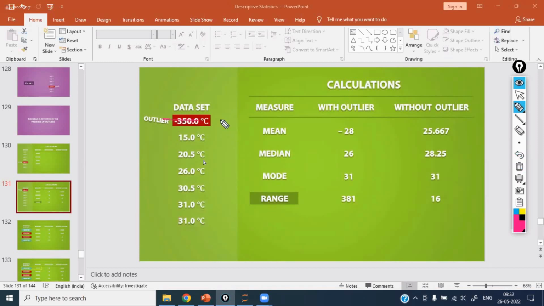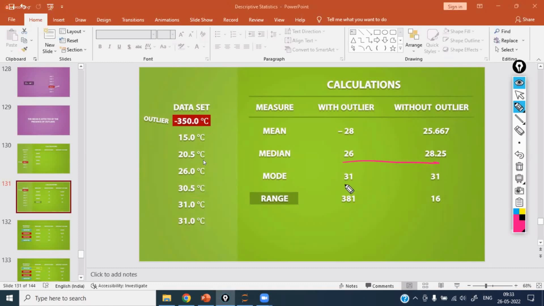Now, without the outlier, we remove this one and only 6 data points remain. The median value is the average of the center two values. The mode is the most repeated again. The range is 31 minus 15, maximum minus minimum. If you observe clearly, the median is less affected, 26 to 28.